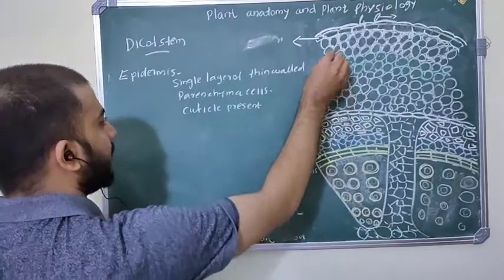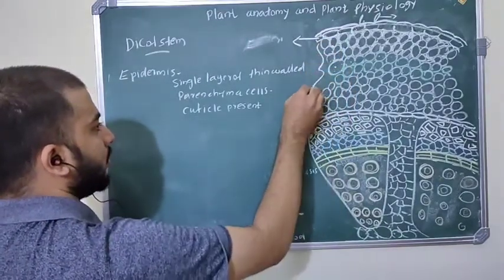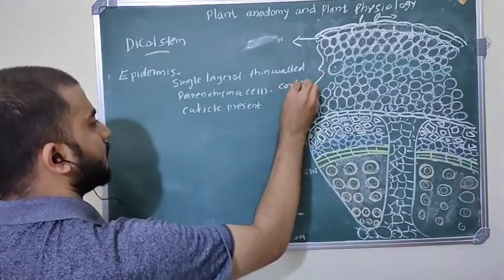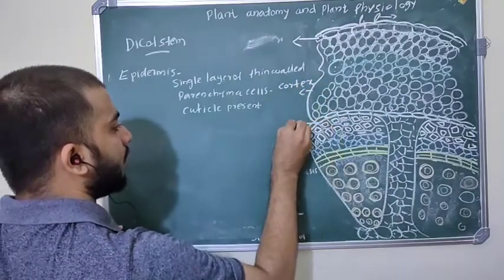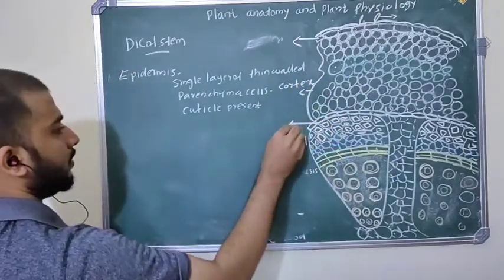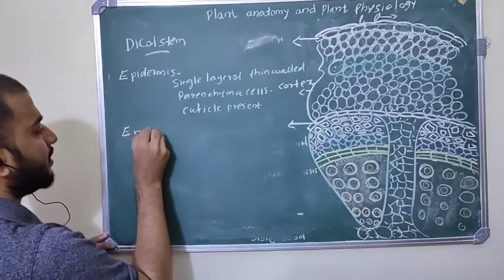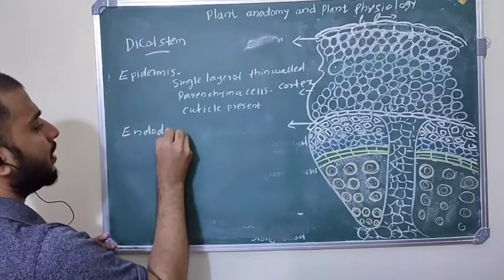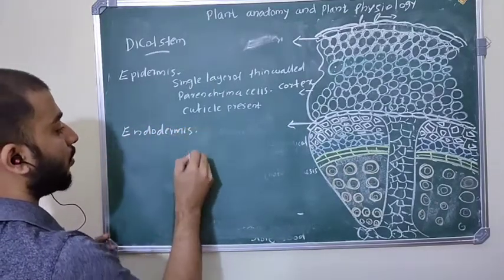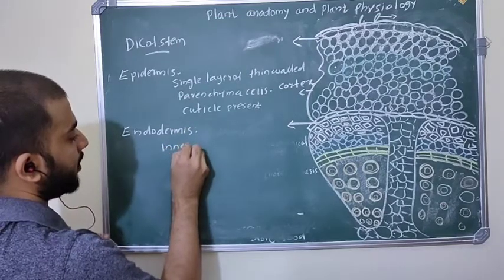So this entire part is cortex. Then endodermis. Endodermis is a single layer of cells. This is the innermost layer of cortex.